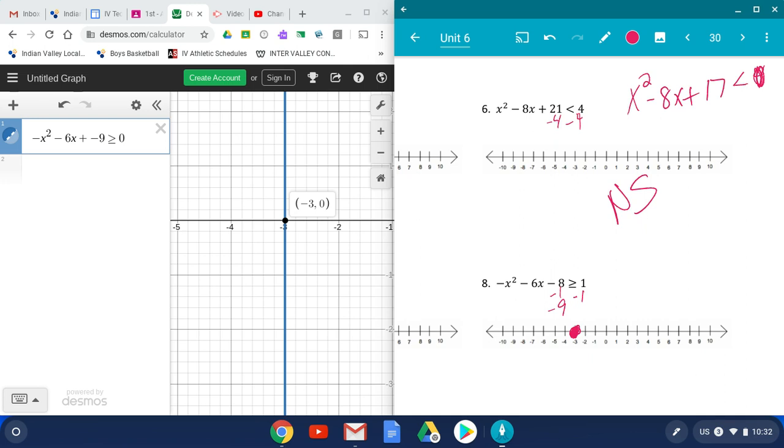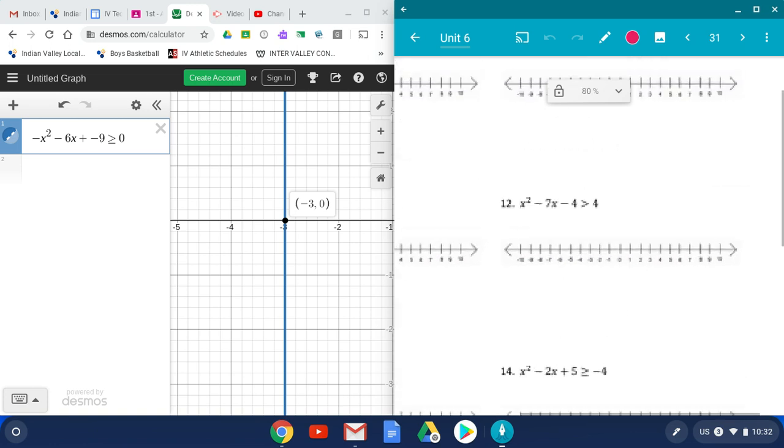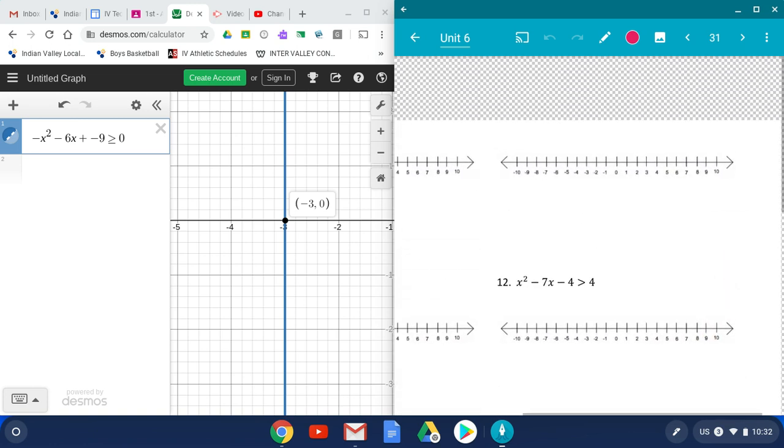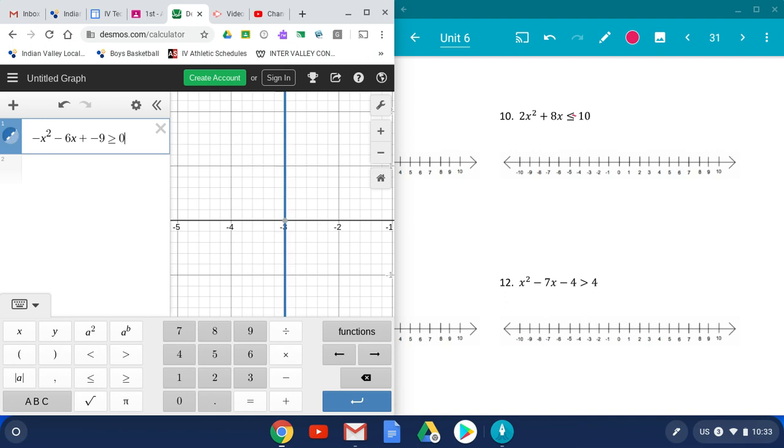Cool. Hope you're understanding this. Should be relatively easy since we're using Desmos. Next one, I need to subtract 10 from both sides, so that becomes basically a negative 10. So let's go 2x squared plus 8x minus 10.